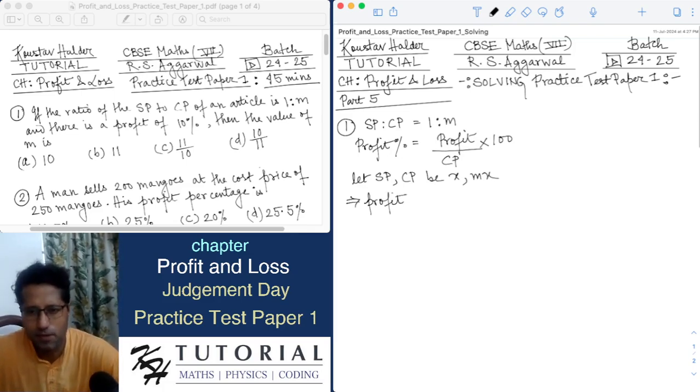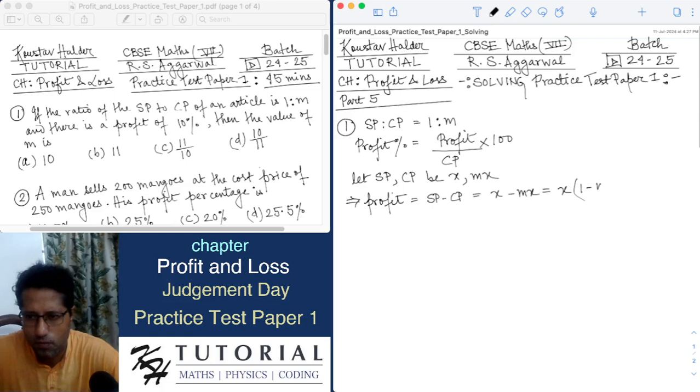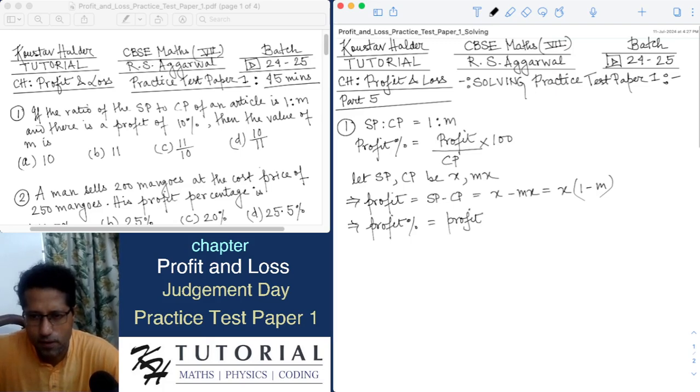Now, if this is so, this implies, from the fact that SP equals x and CP equals mx, we can say profit is equal to SP minus CP, which is equal to x minus mx, which is equal to x into 1 minus m. And now this implies profit percent will be equal to profit divided by cost price into 100.